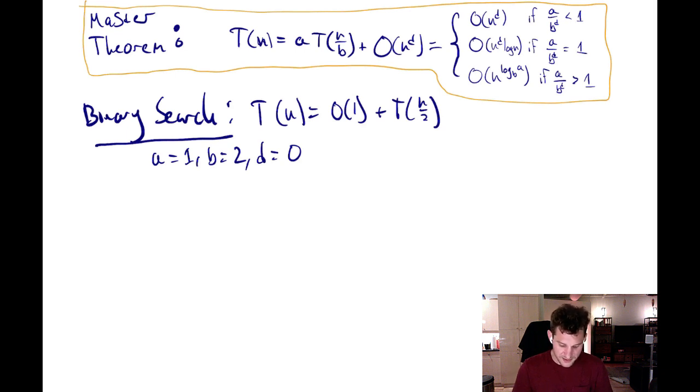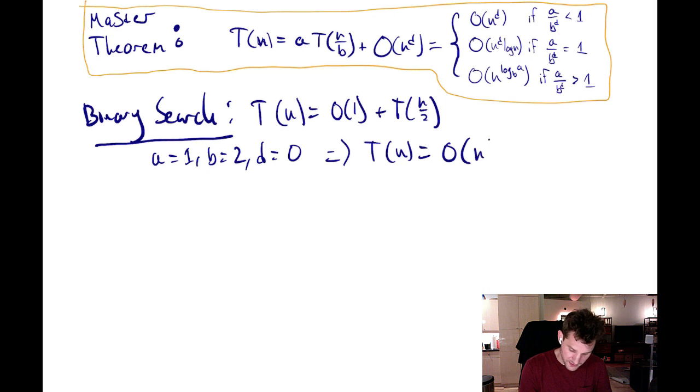In this case, a over b to the d is 1 over 1, which means we are in the second case of the master theorem. So we end up getting T of n equals O of n to the 0 log n, or just O of log n.